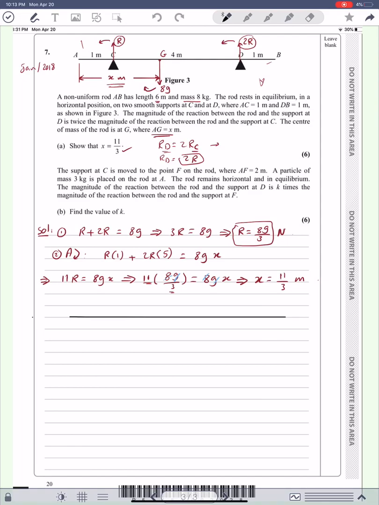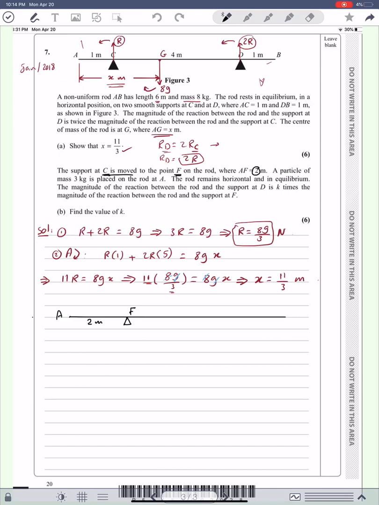So he didn't change A, he said A as it is. He said the support C is moved now to the point F, where AF is 2 meters. So F is here now. And the distance AF is 2 meters, dear students.